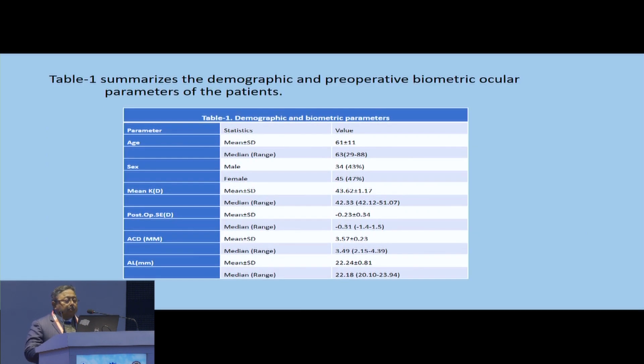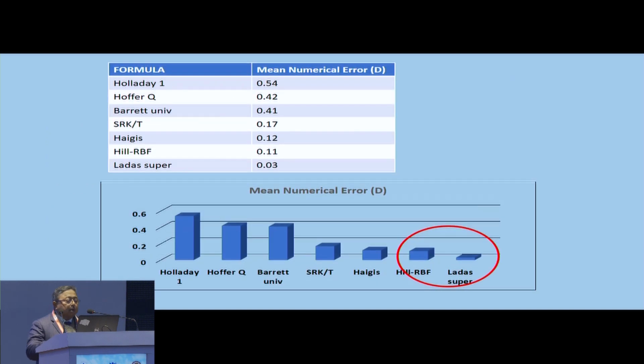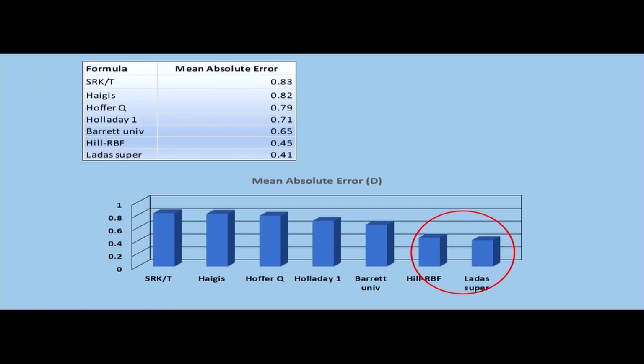This is the demographic data of my study. As is shown in this slide, the mean numerical error is very small in the Hill RBF and the LADA Super, so it is better than the other formulas. Coming to the mean absolute error, here again Hill RBF and LADA Super give the better prediction.